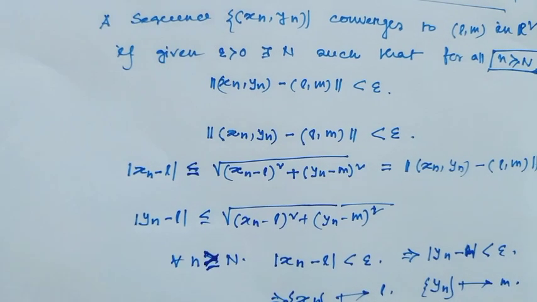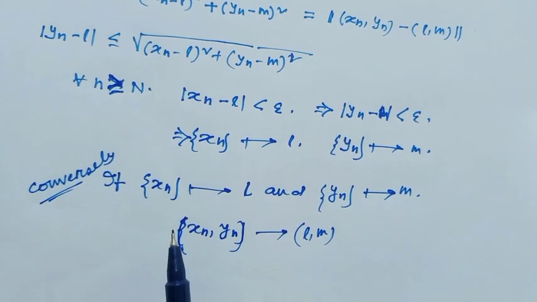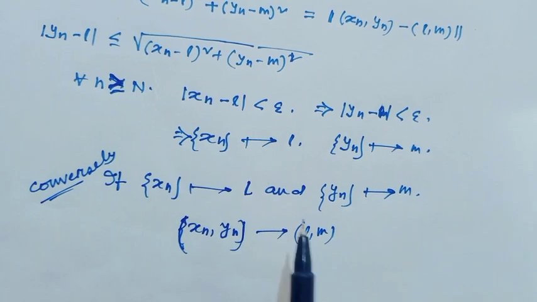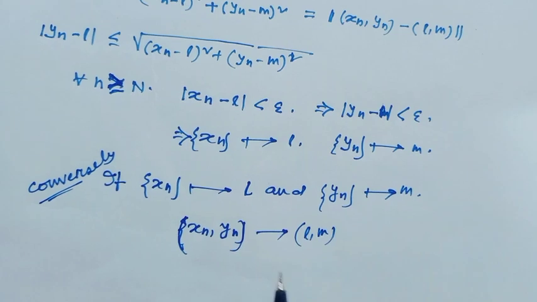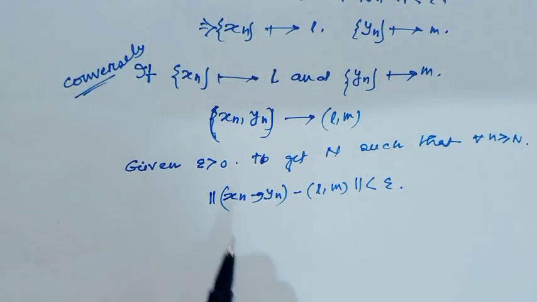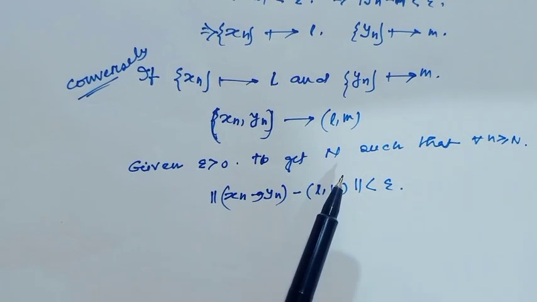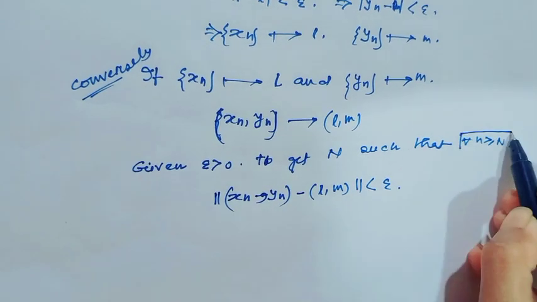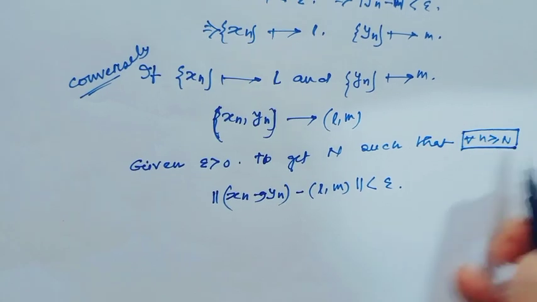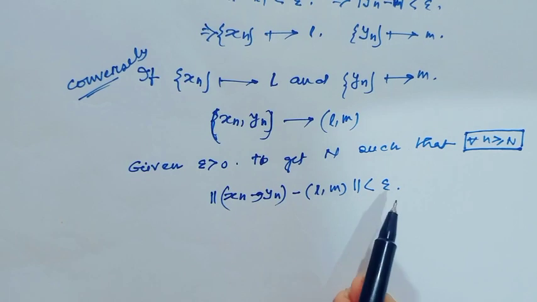Conversely, we have to prove: if the sequence xn converges to L and yn converges to M, then is it true that (xn, yn) converges to (L, M)? That means we have to prove, given epsilon greater than 0, there exists a capital N such that for all n greater than or equal to capital N, the norm of (xn, yn) minus (L, M) is less than epsilon.